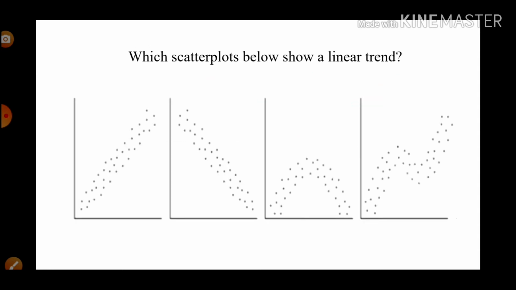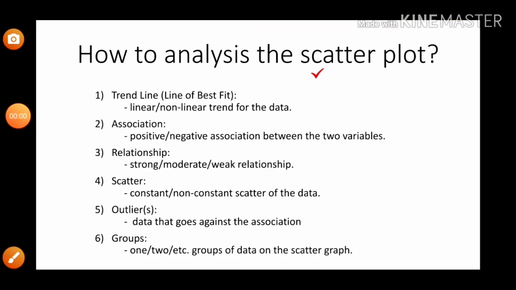Let's have a look at this one. Which one is linear? It's obviously linear, it has to be a straight line. The first two, yes, but the last two, no. It's more like a curve. So we just identified what the trend line, the line of best fit, is, and whether it's a linear or non-linear trend for the data.